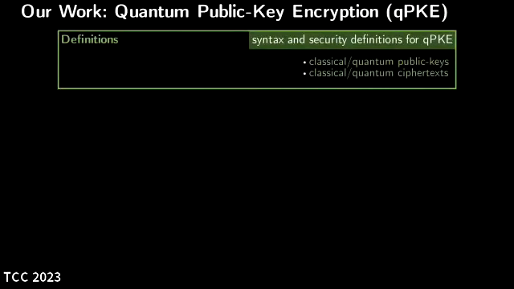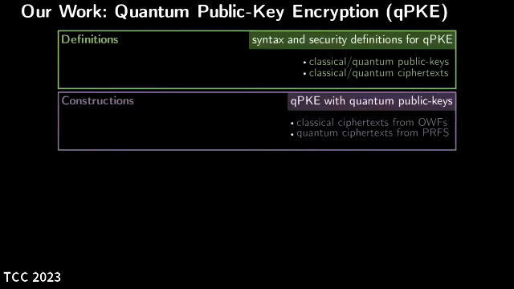We initiate the formal study of quantum public key encryption, or QPKE. We give the definition and security notions for QPKE with different flavors. And then we give several constructions for QPKE with quantum public keys from one-way functions or even from weaker assumptions.